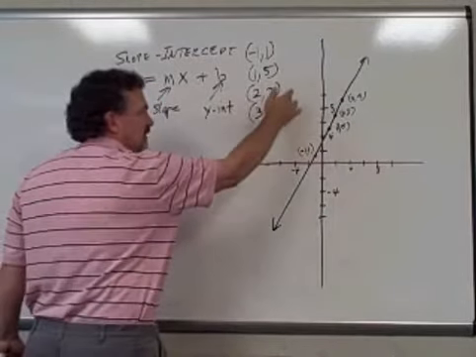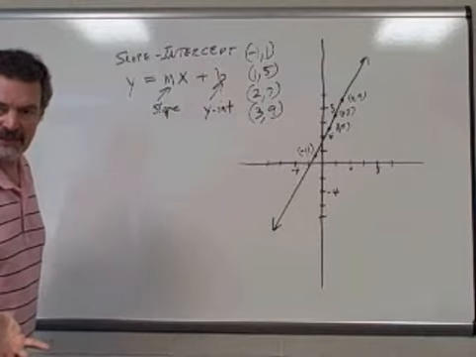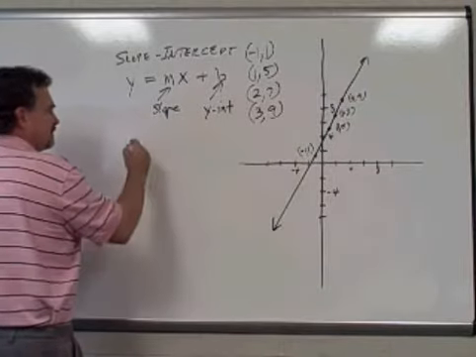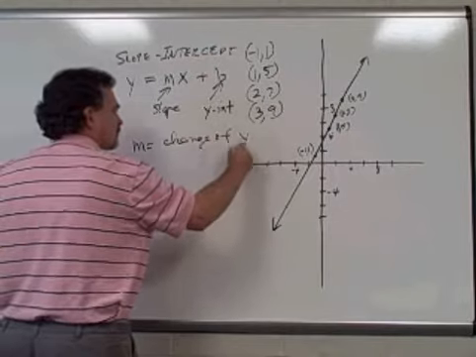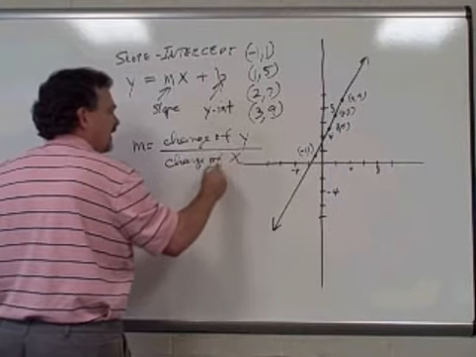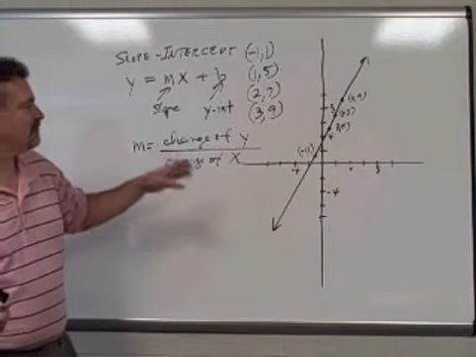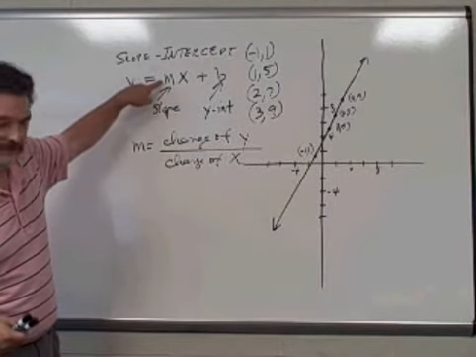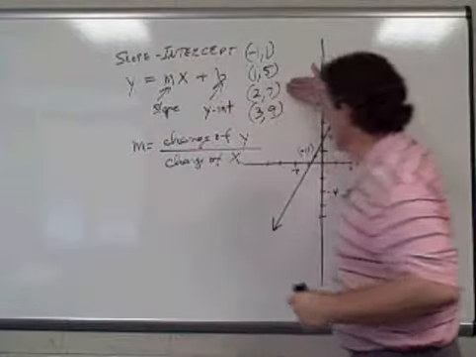Well, one of those quantities is the slope. What did we learn earlier? If we have points on the line, we can figure out what the slope of the line is. Because remember what slope is. Slope is change of y divided by change of x. So given points on the line, we can figure out the slope of the line, and we will have our value for m. Let's look at these two points on the line.